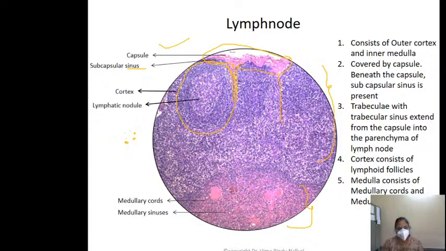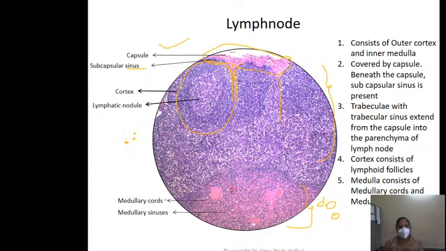Then coming to the medulla of the lymph node, you see a number of sinuses. These pinkish structures are all the sinuses. You see spaces filled with lymphatic fluid, lined by the lymphocytes. In between these sinuses you see lymphocyte aggregations in the form of cords.